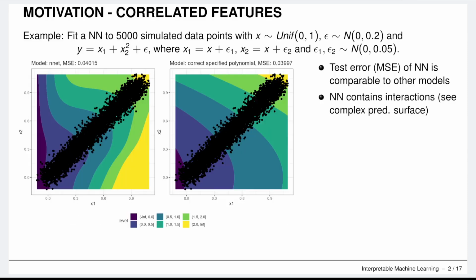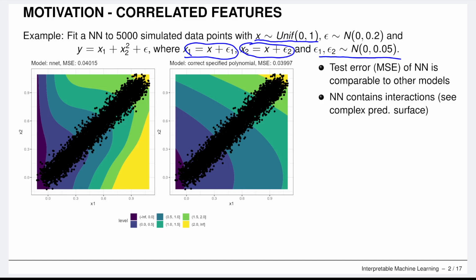Let's make a simple example to illustrate this fact. So we sample 5,000 data points from a uniform distribution. Also, we will sample a random small noise and generate two features, x1 and x2, which are strongly correlated, as we can see here in the graph. The two features are positively correlated because they follow a straight line.